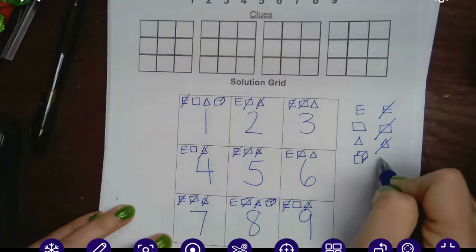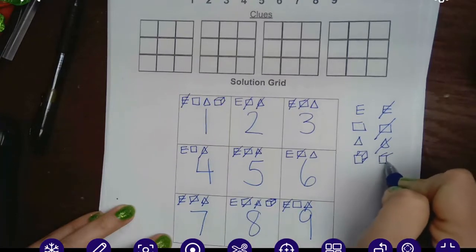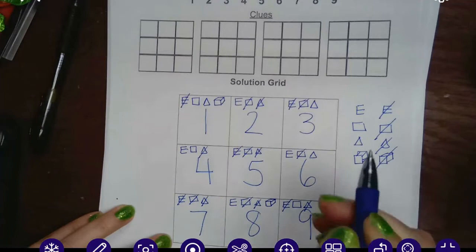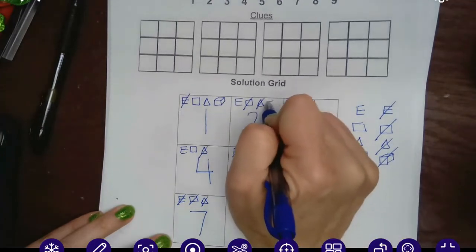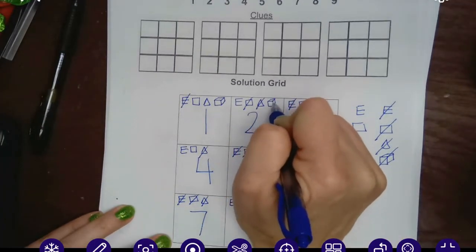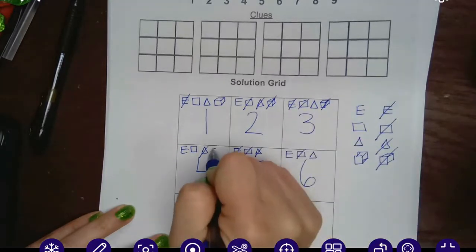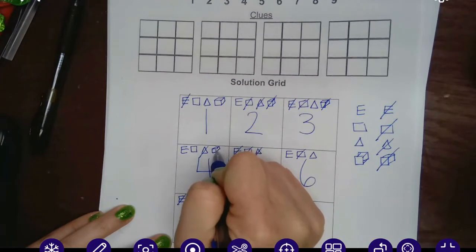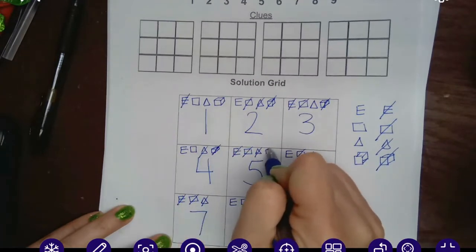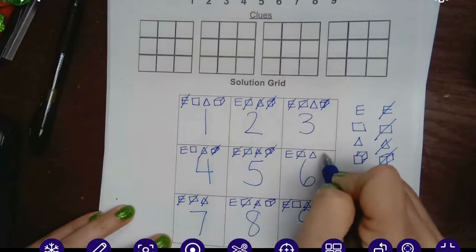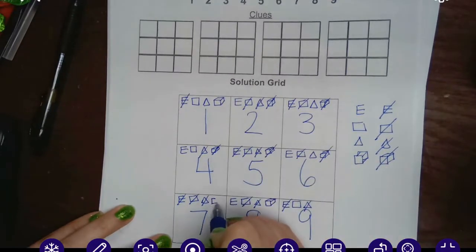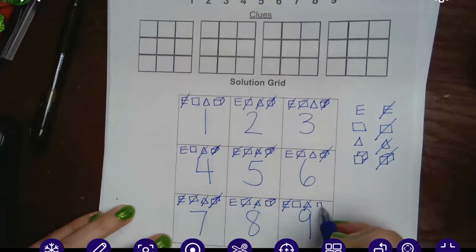Those are the cubed numbers, which means we have numbers that are not cubed: 2 is not cubed, 3 is not cubed, 4 is not cubed, 5 is not cubed, 6 is not cubed, 7 is not cubed, and 9 is not cubed.